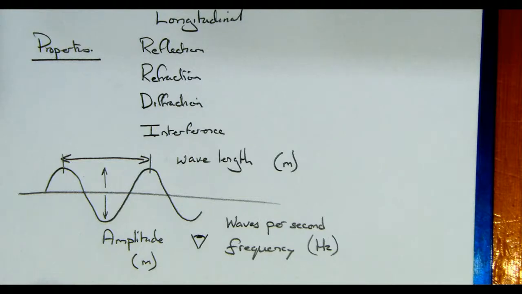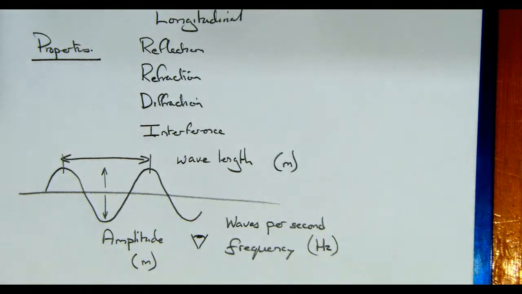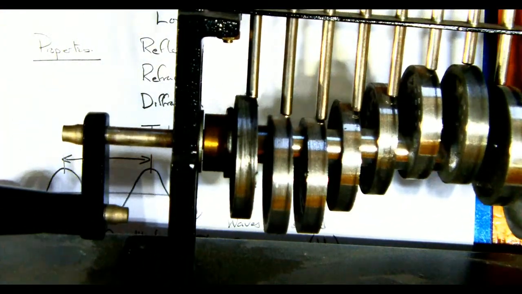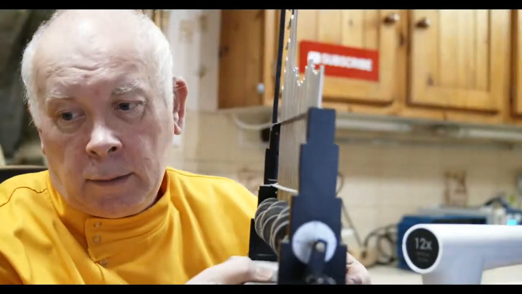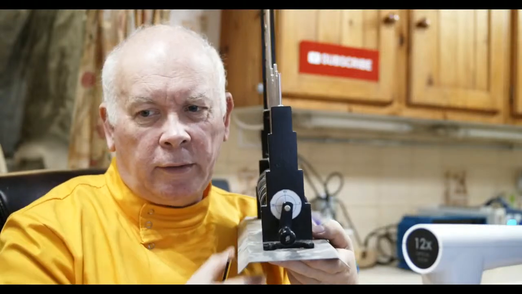And if we have a look at the waves, we see that if I were to run that little rod going up and down, I could plot where it is at any point. In this wave machine, what I've got is here a measure of the number of degrees that we're going through.